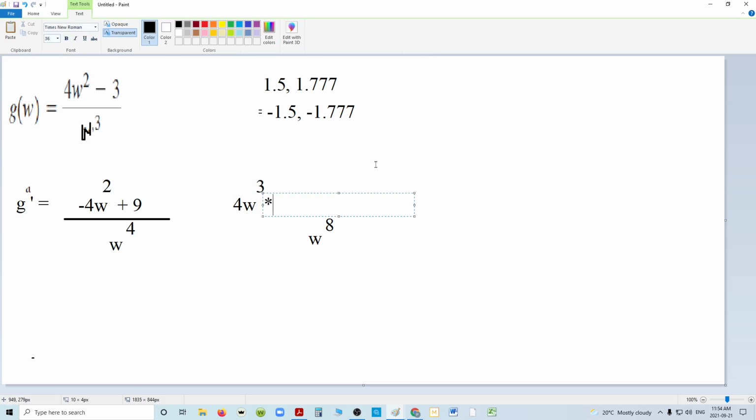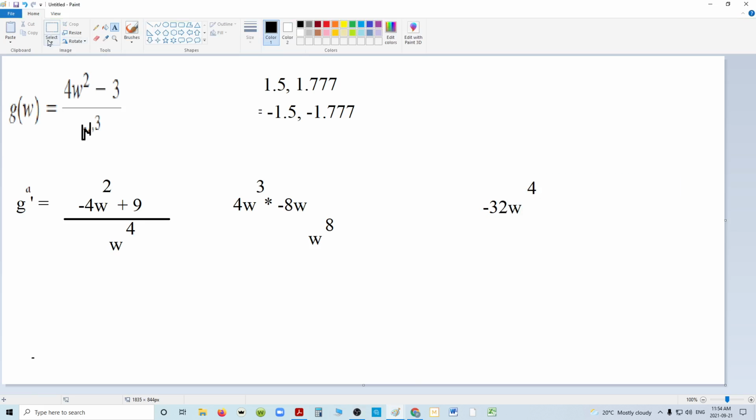The derivative of the top is simply minus 8w. So when I multiply 4 times the minus 8, I get minus 32. When the w's multiply, I get w to the 4. So far so good. It's all going to be over this, by the way.